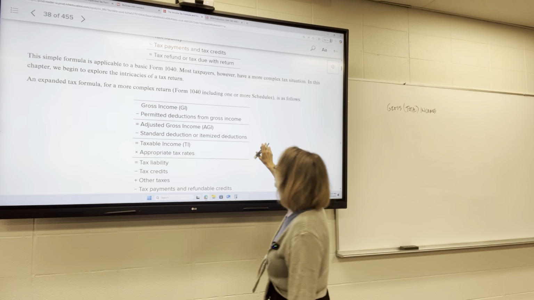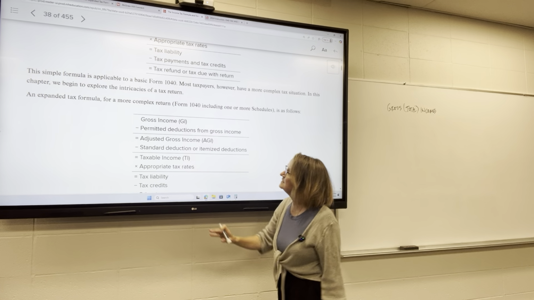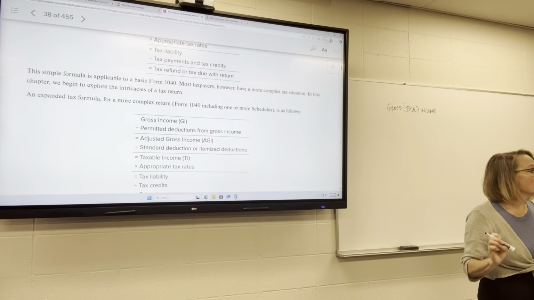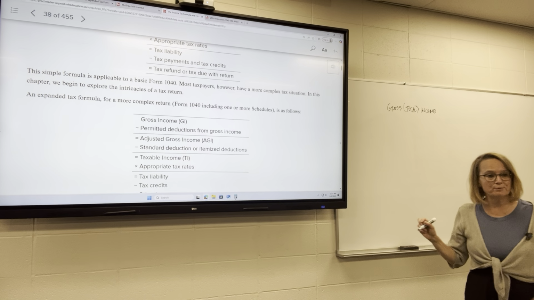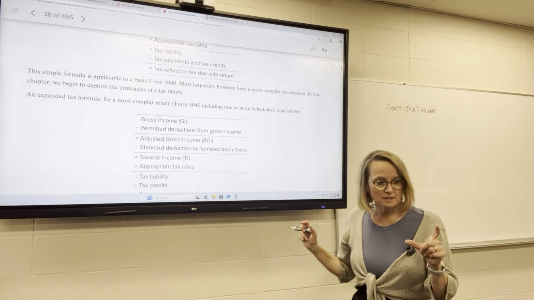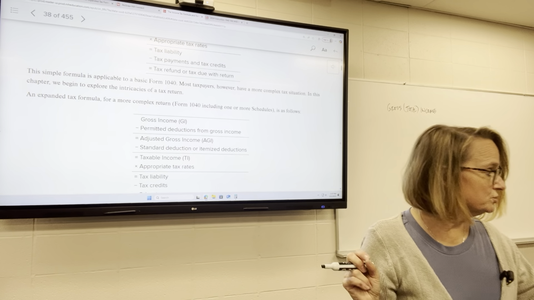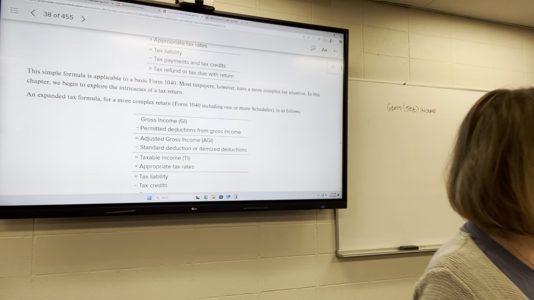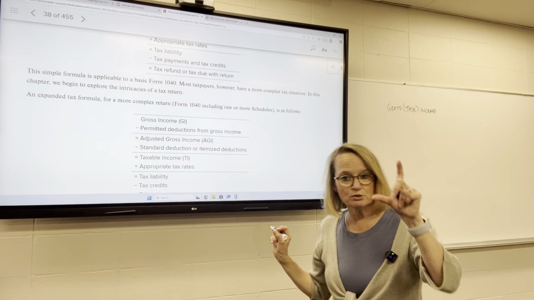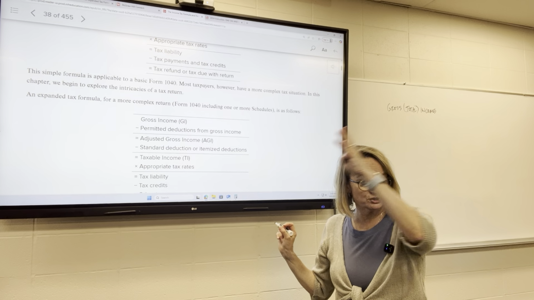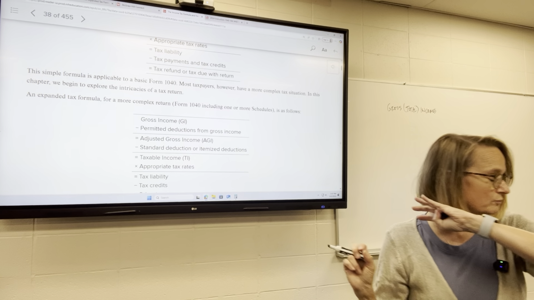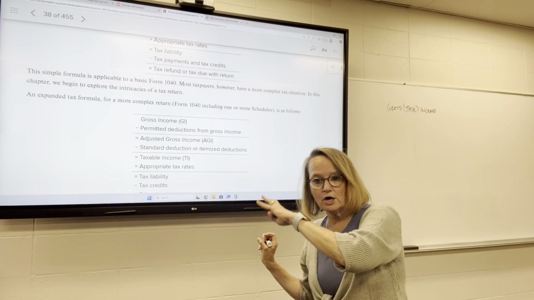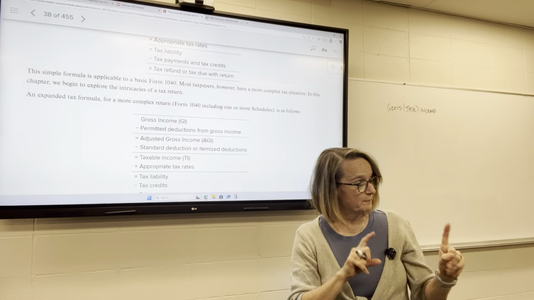Then we're going to subtract our permitted deductions from gross income. Remember I had mentioned before we have a couple different types of deductions, and they show up in two different places on the tax return. We've got one type of deduction that shows up on the Schedule 1, and I showed you a week ago that Schedule 1 has 2 pages to it.